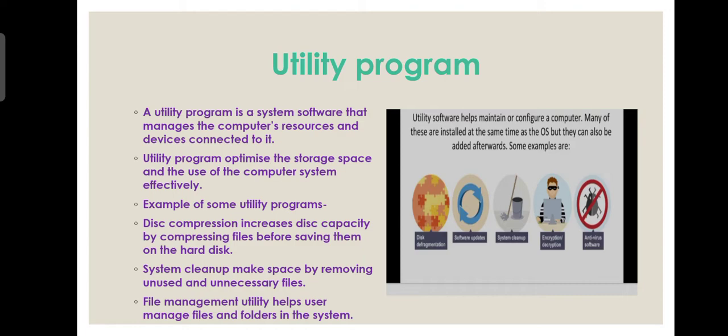It increases the disk capacity by compressing files, by making them shorter. If it is a 30 to 45 slide PPT, it compresses it into a very small presentation. It is very good, and this happens before saving it on the hard disk. So this is the meaning of disk compression.